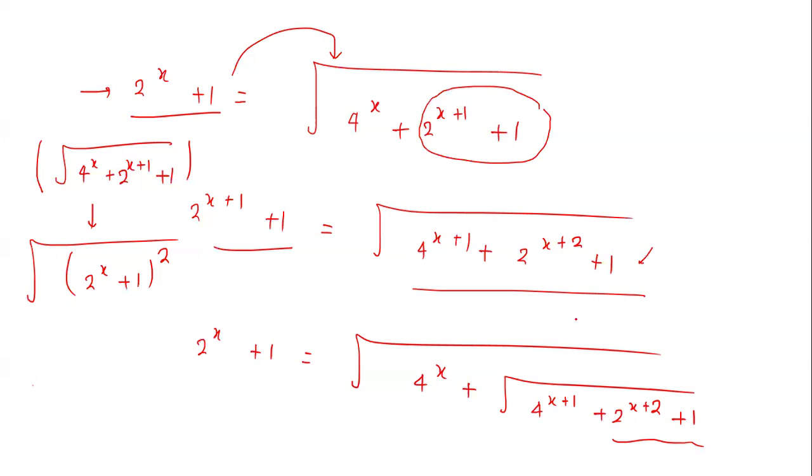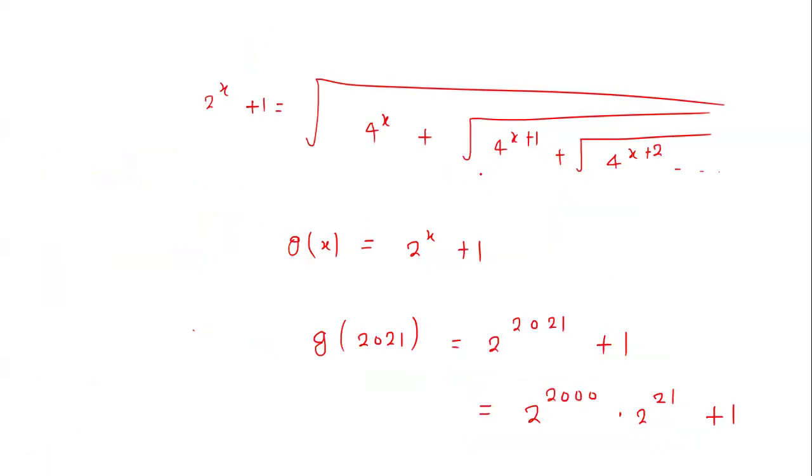So what you can do is replace this by this. After replacing, it will come like this. Then again you have this, and again you can replace this by this root expression, so it will come like this.